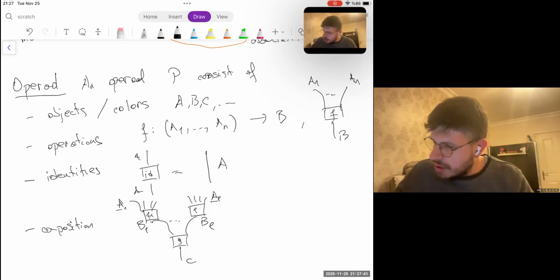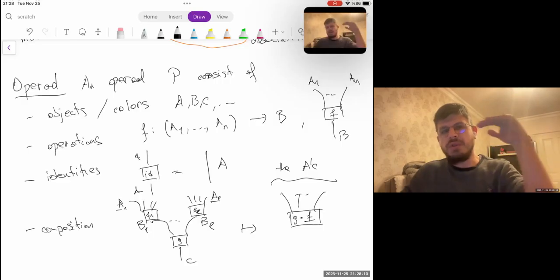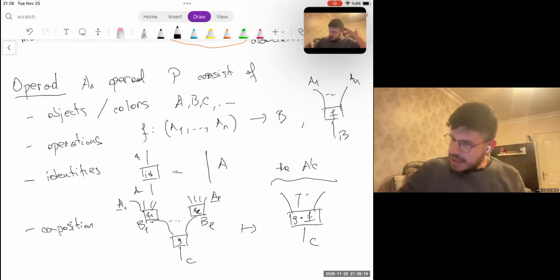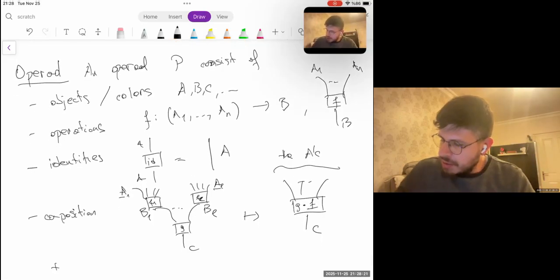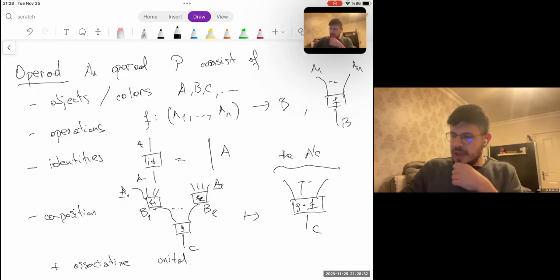These compose to give G composed with F underline, meaning the sequence, where you just concatenate all the inputs, and the output is C. And this composition is, of course, required to be associative and unital. So this is the type of structure that an operad encodes.